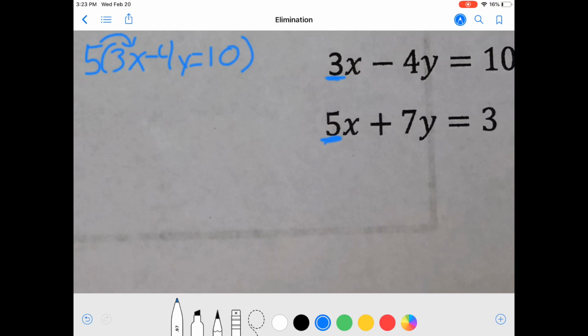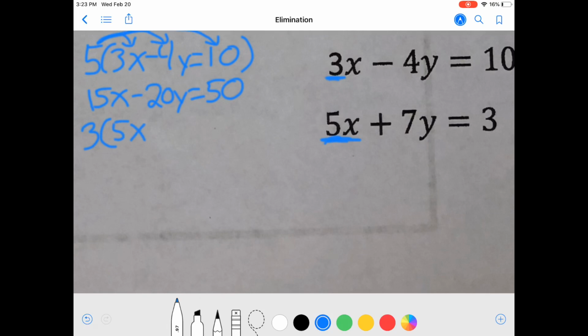We multiply it out, or distribute it out. 15x, 5 times -4y is -20y, and then 5 times +10 is 50. So there's one equation. Then we have our second equation, and we're multiplying it by 3 to get that 5x to 15.